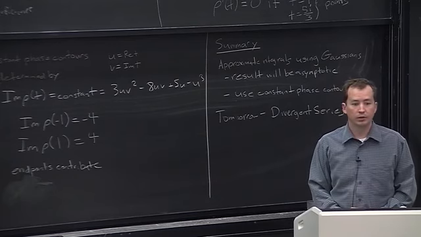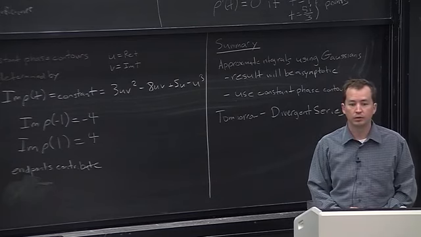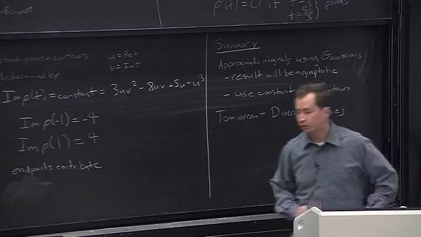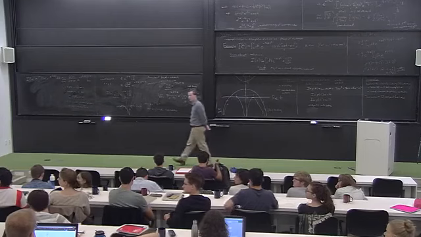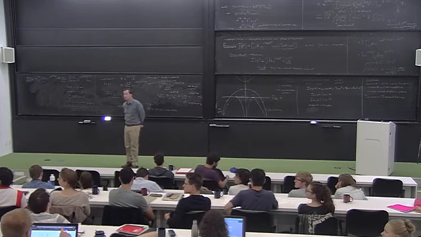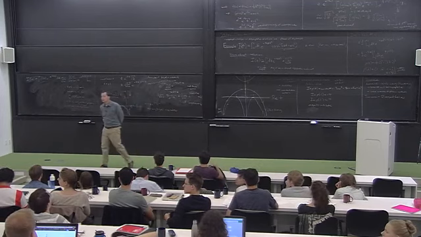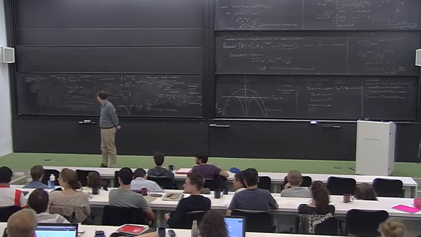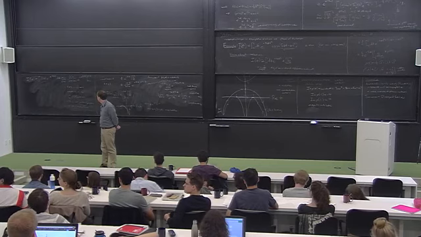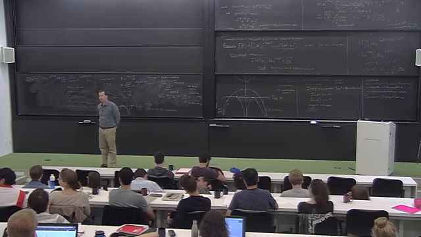Are there any questions? Yes. It's just about the saddle point thing. How is it possible that it's only the endpoints that contribute and not the middle of the integral?